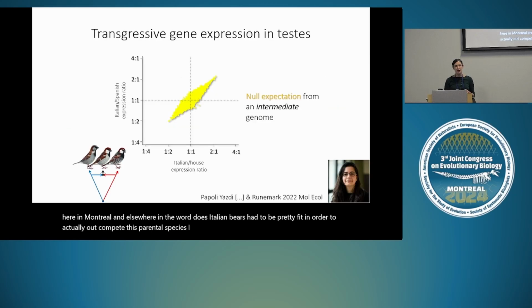My former postdoc Homo papaliasti and I, and some other collaborators, looked at gene expression in the testes of these Italian sparrows, and compared it to the parent species. Since the Italian sparrow has an intermediate genome, maybe we could expect that the gene expression would not be more extreme than the parent species along any of the axes, and that's illustrated here in yellow.